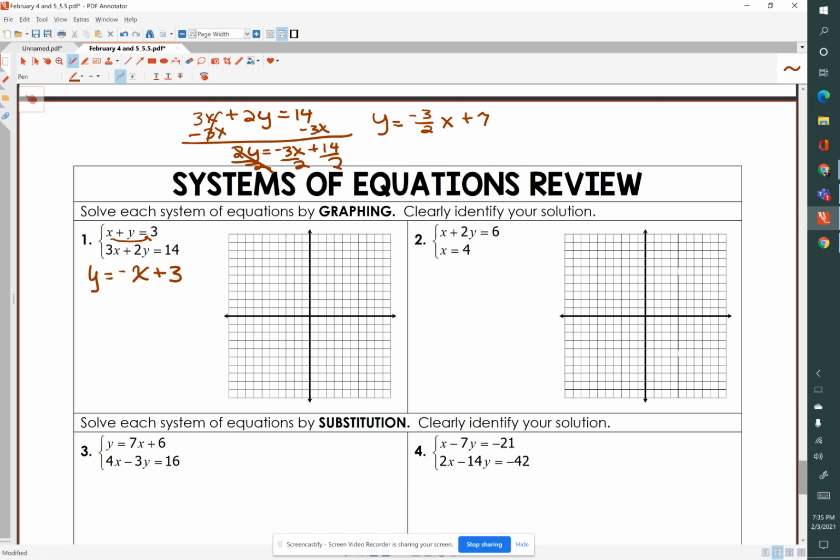So first equation, we have our y-intercept of, whoops, it should be positive 3, and a slope of negative 1.